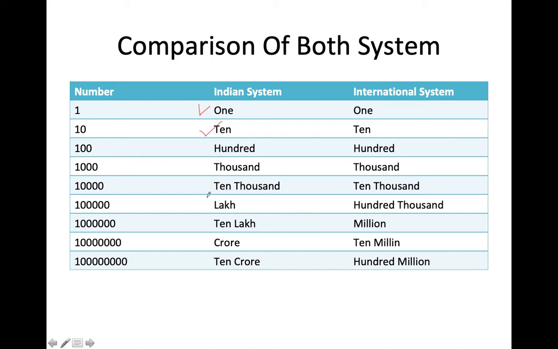But after 10,000, in India it's lakh, and in the international system it's 100,000. So in India 1 lakh is equal to 100,000 in the international system. Again, 10 lakh according to the Indian number system is the same as 1 million according to the international system. 1 crore according to the Indian number system is the same as 10 million according to the international number system. Again, 10 crore according to the Indian number system is the same as 100 million according to the international number system.